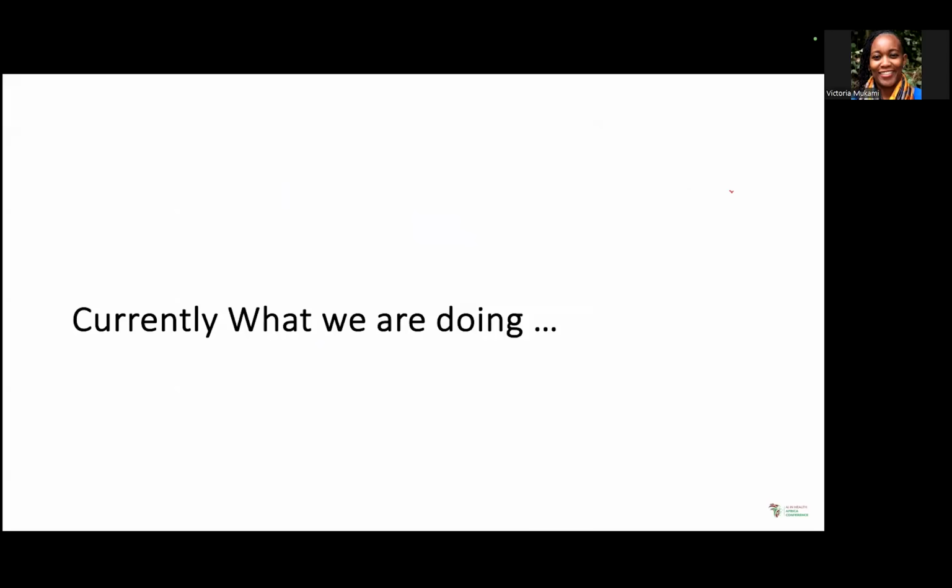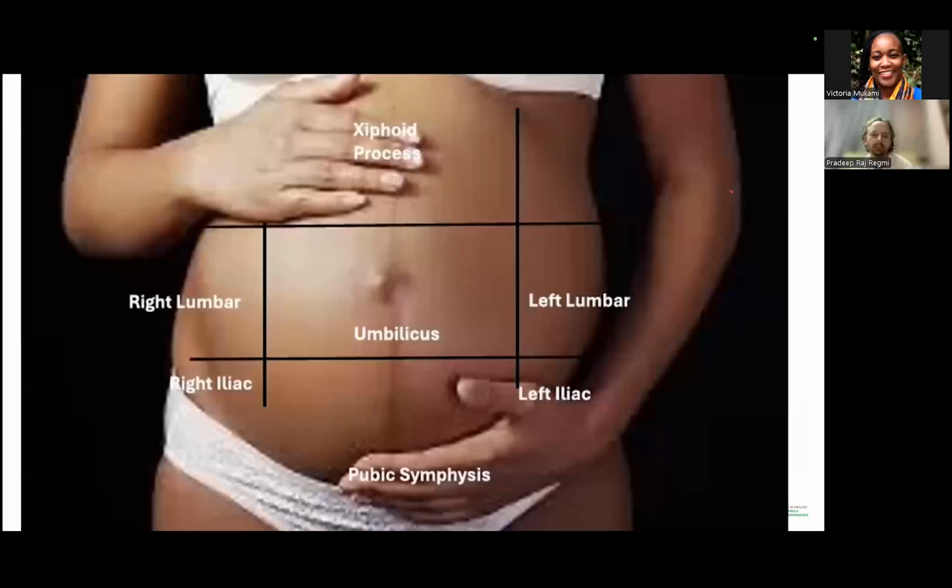So currently, one example of what we are doing at TUTH in an AI project is the fetal imaging AI project.